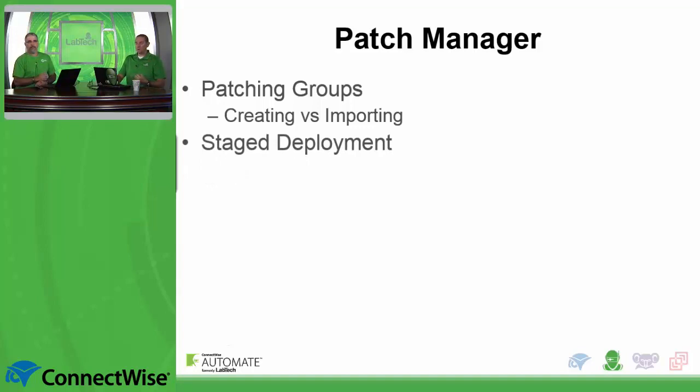We're going to also talk a little bit more in depth about stage deployment and the different stages that we have, test, pilot, production, and how to set that up and how to tie that way back to the dashboard to that view and see the overall statuses of my different stages as my patches are progressing through those stages.